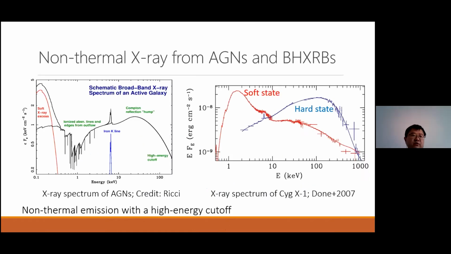So we all know that we see thermal X-ray emissions from both AGNs on the left and the black hole X-ray binaries in the hot state in this figure to the right. And in the X-ray band, they show non-thermal emission that can be described mainly by a power law function, then with the high energy cutoff from a few tens to hundreds of keV.